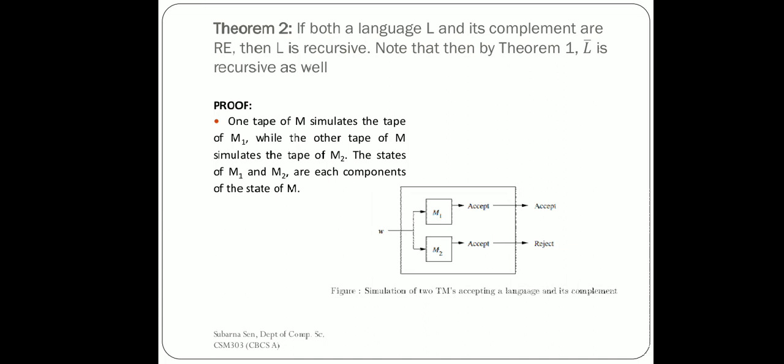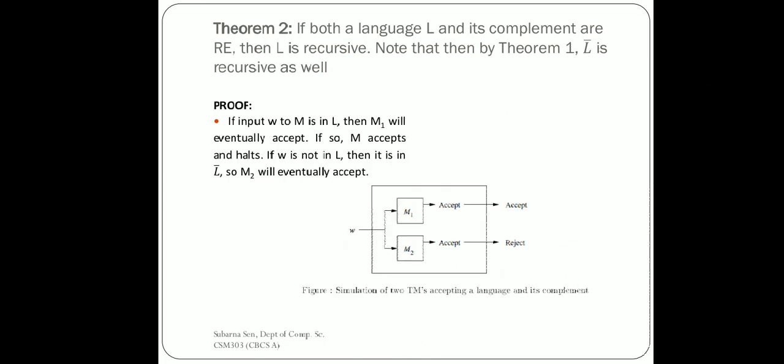If you remember, for a k-tape Turing machine, when we converted it to a one-tape Turing machine, we used k different tracks. I'm not talking of the finite control, just the input symbols of the tape. The first track was dedicated to the first tape of the multi-tape Turing machine, the next track to the second tape, and so on. So here the first track will be for M1 and the second track will be for M2.